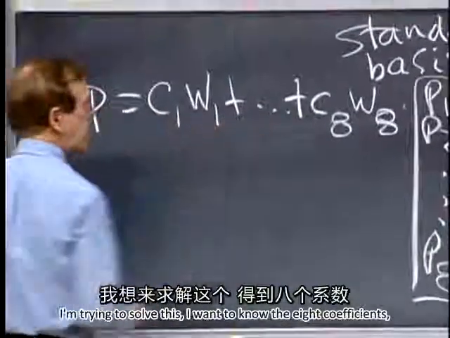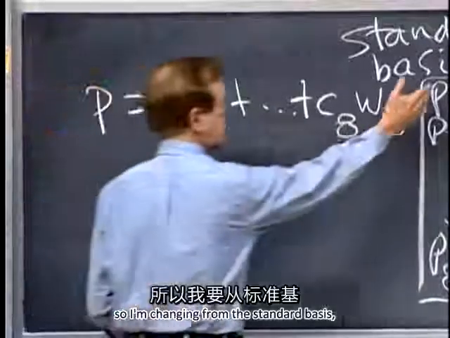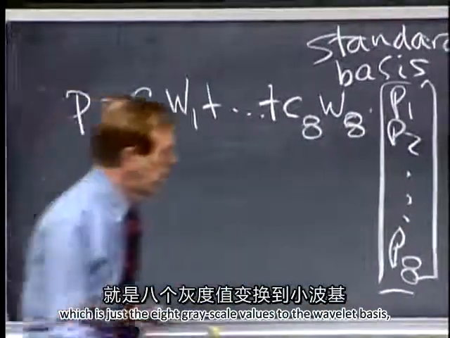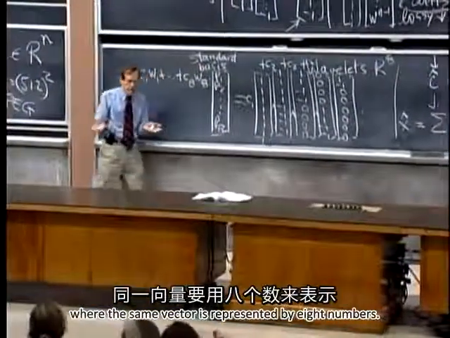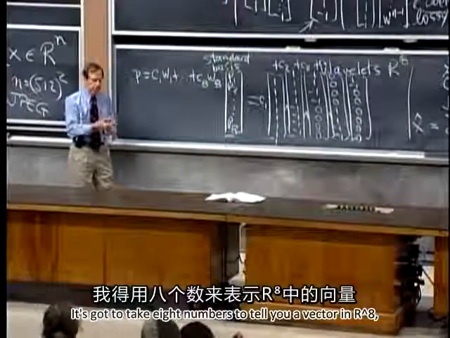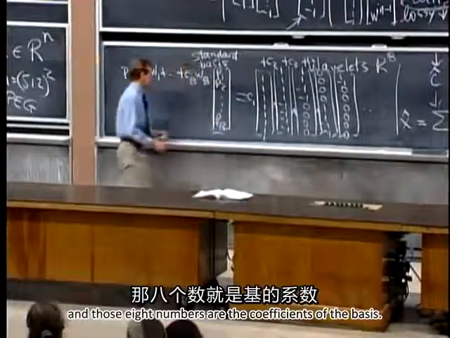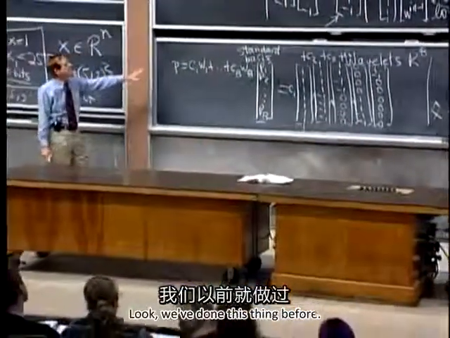I want to know the 8 coefficients. So I'm changing from the standard basis, which is just the 8 grayscale values, to the wavelet basis, where this same vector is represented by 8 numbers. It's got to take 8 numbers to tell you a vector in R8, and those 8 numbers are the coefficients of the basis.